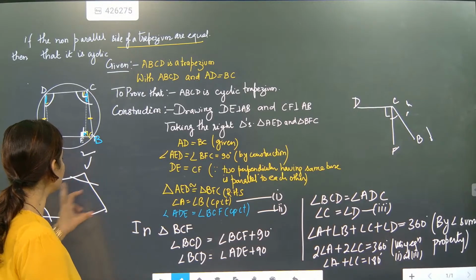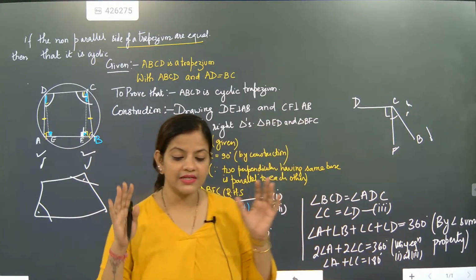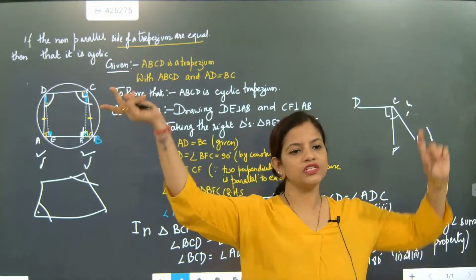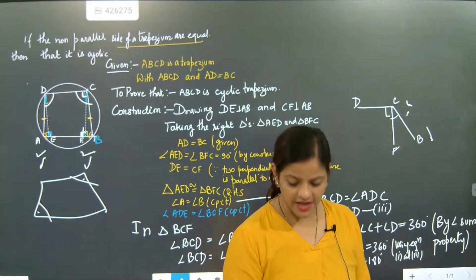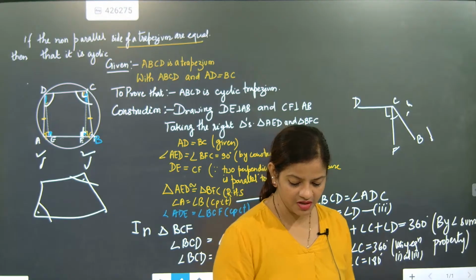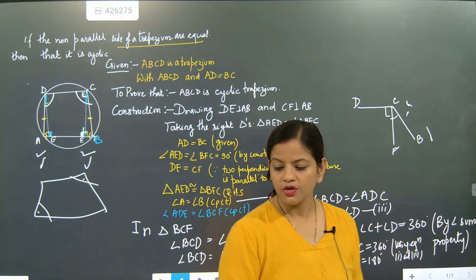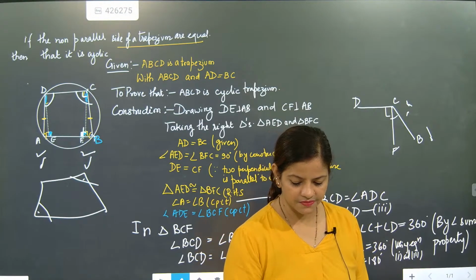Then only it will be considered cyclic. If a quadrilateral is inside a circle and the sum of opposite angles is 180 degrees, it will be considered cyclic. And this is what we have done. I hope you have understood this one. Come on, say quickly. Did you understand this?